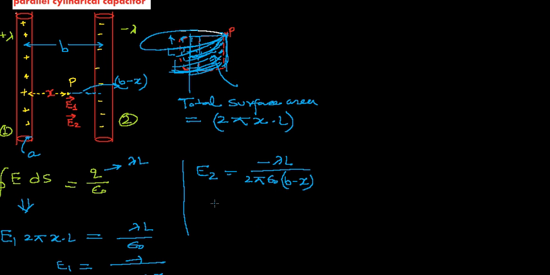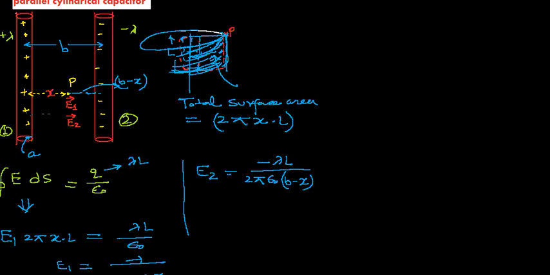Then the total electric field will be E1 plus E2. In terms of direction, the electric field directions of E1 and E2 will be the same, toward the minus charge.